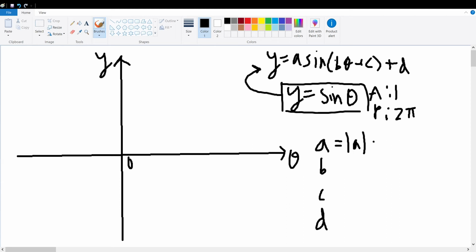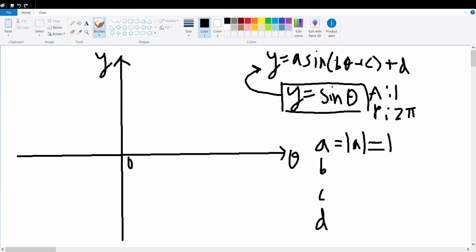What the amplitude does is determine the highest value that the sine function can reach, or the lowest value that the sine function can reach. For example, for y equals sine theta, the coefficient of sine theta is 1. The absolute value of 1 is 1 in this specific case, meaning the function can only reach the highest value of 1.